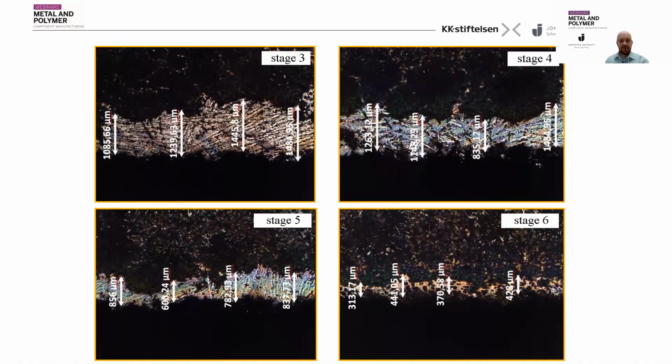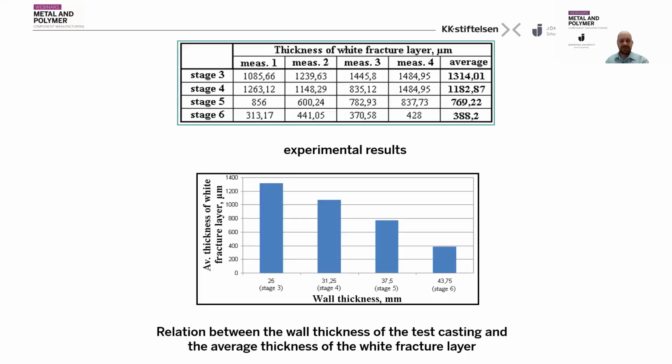And we made 4 measuring points by optical microscope software. And then we started to relate the thickness of the white fracture layer to the wall thickness of the core, or the casting, sorry.